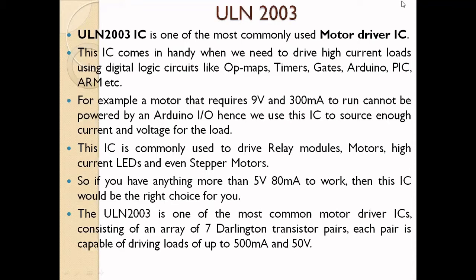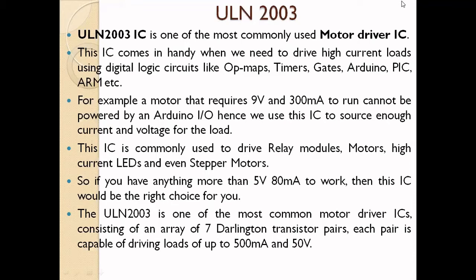These are some transistors available. When 2 transistors are connected back to back, that is called a Darlington transistor pair. If you connect the transistors in such a way, you can increase the current rating and voltage rating, up to 500 milliamps and 50 volt. There are 7 input and 7 output pins.